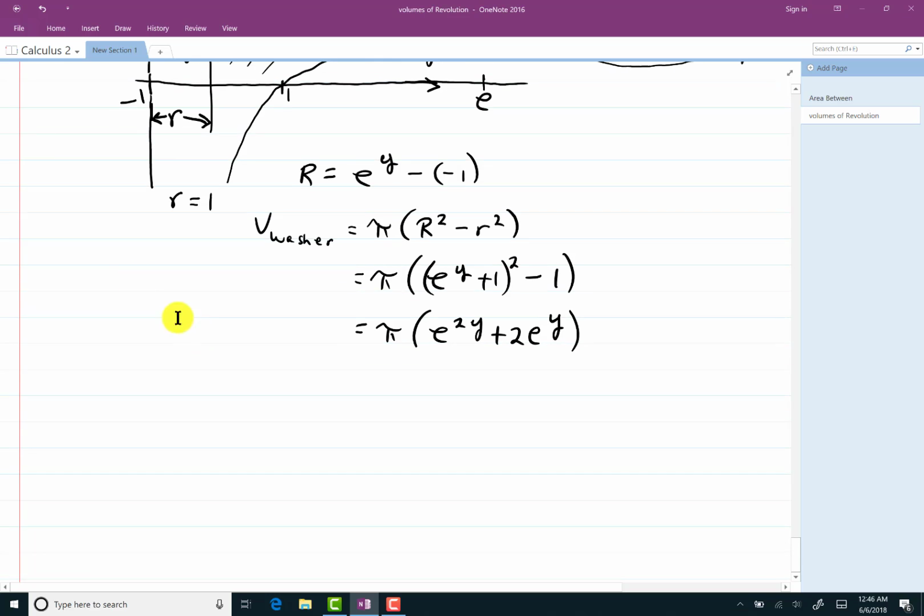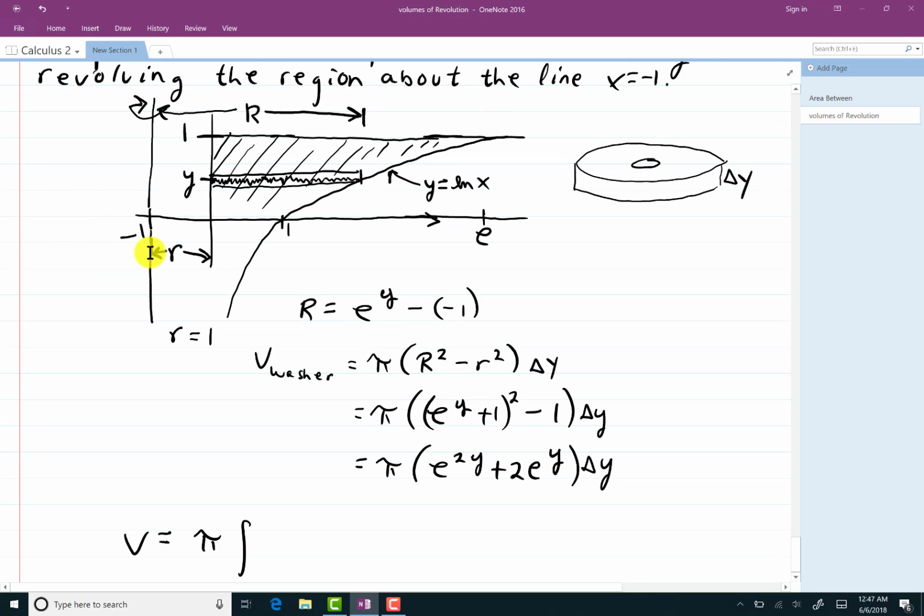So don't forget its thickness. I don't know why these washers just dumbfound me. So delta y, delta y, delta y. And then the volume will be pi times the integral. Now the integral, the lowest y value is 0, and the highest y value is 1.